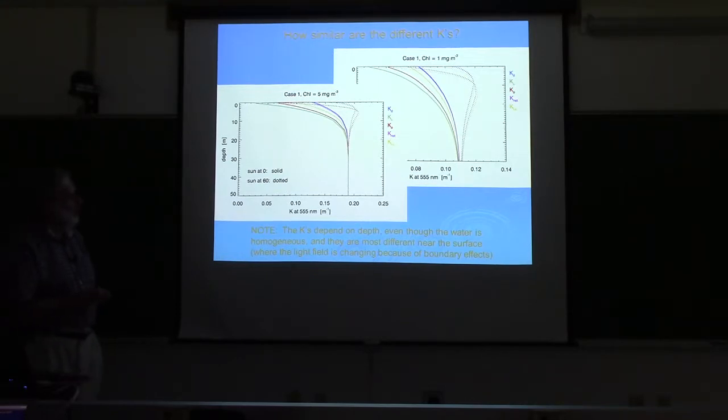And so what you're seeing here is what's called the asymptotic radiance distribution developing. Near the surface, the sun's over here, it gets in the water, and you get a particular value for a KD or a K0 or KLU.